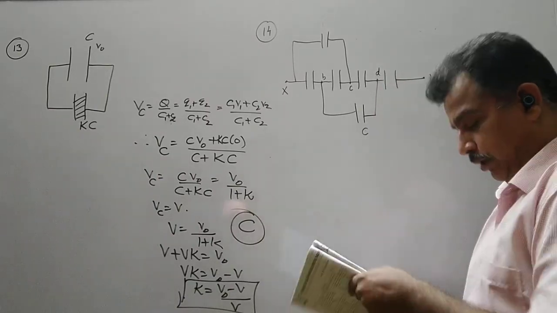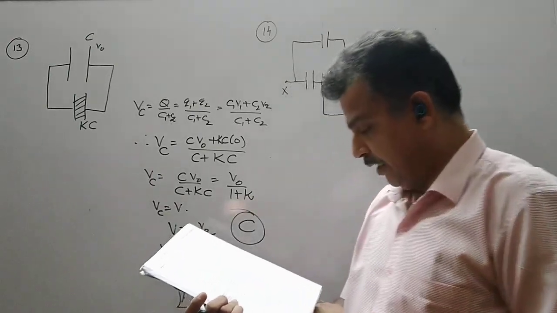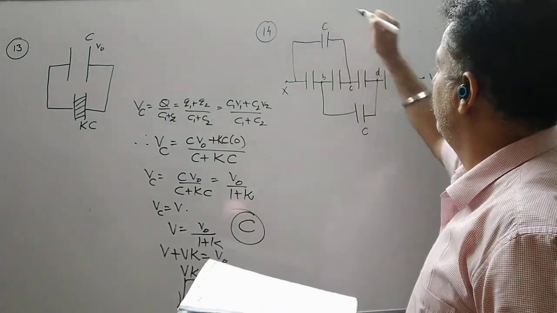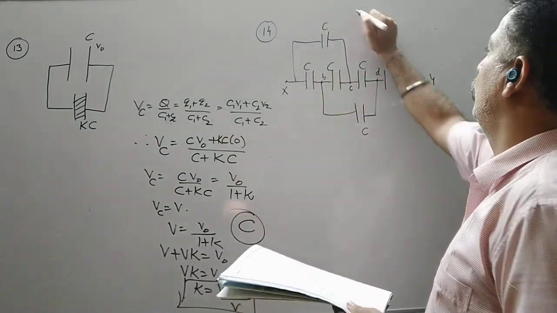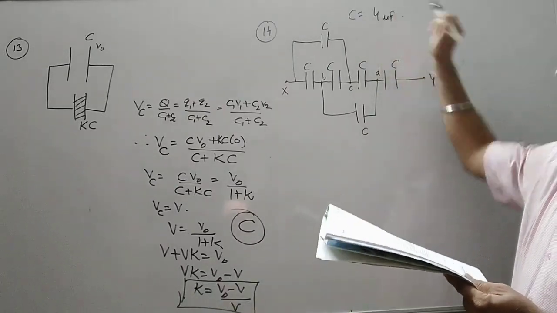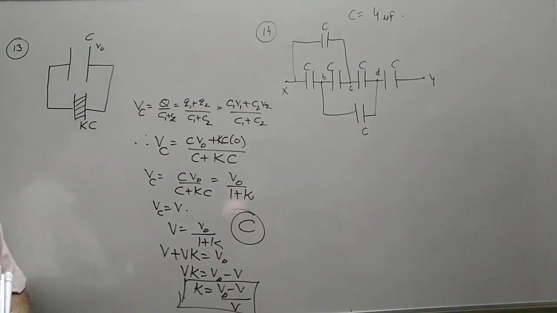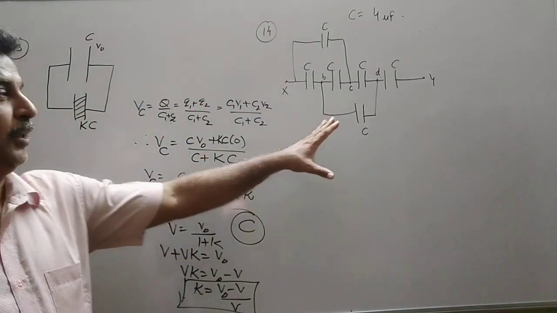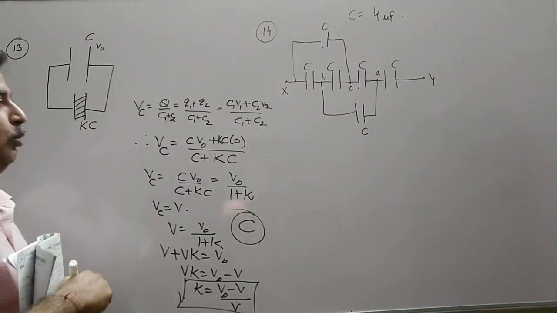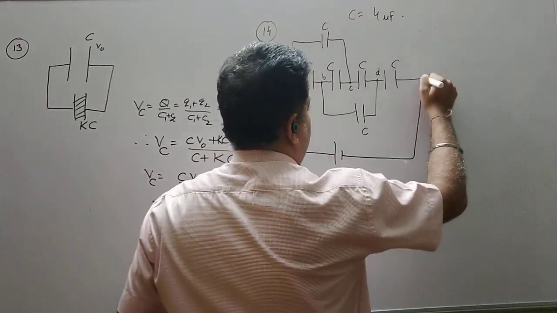We have to find the equivalent capacitance between X and Y if each capacitor is 4 microfarad. Now you cannot find out directly from the diagram whether they are a series combination or a parallel combination. We have to find out the equivalent capacitance between point X and Y.